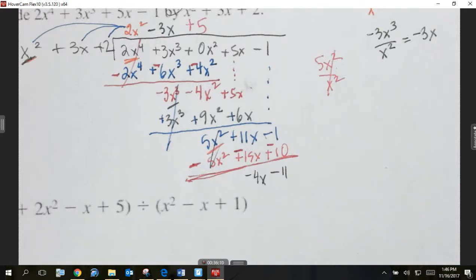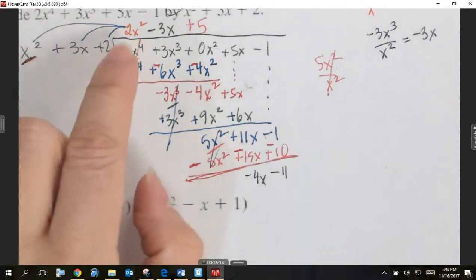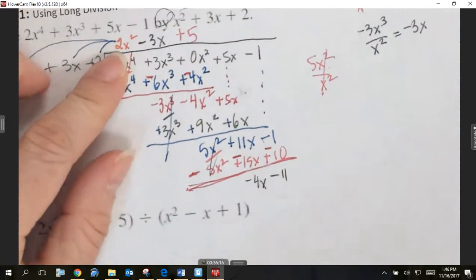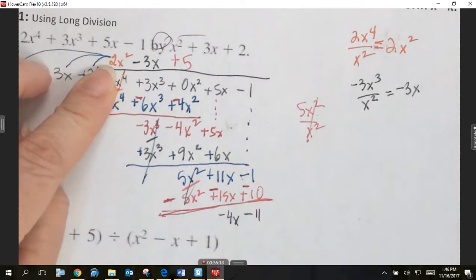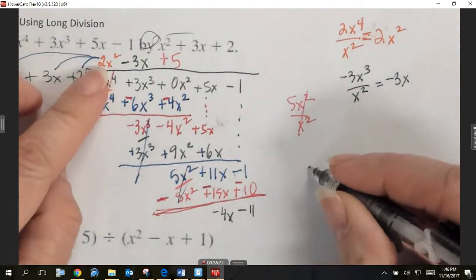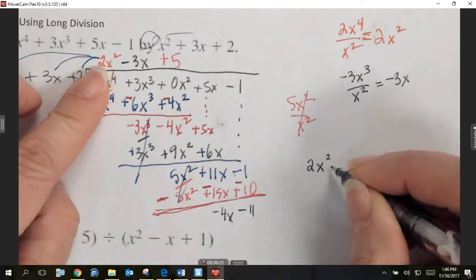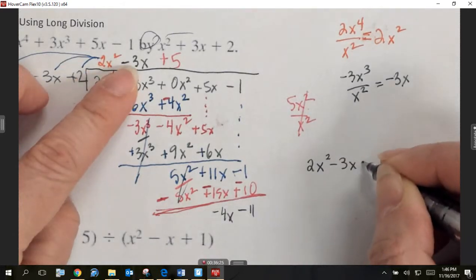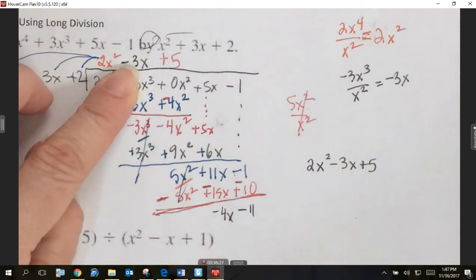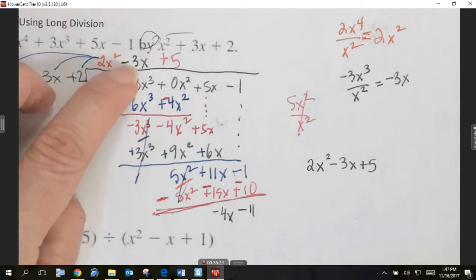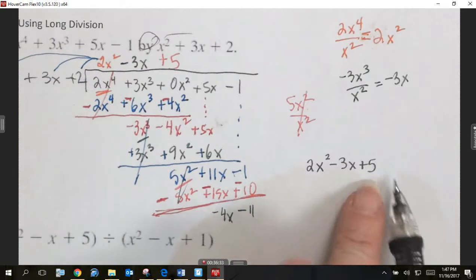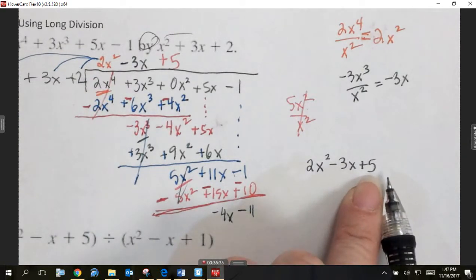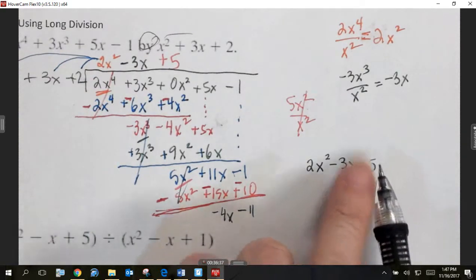So I'm going to write my solution, my quotient. I'm going to start by looking on top of the division bar, and I'll have 2x squared minus 3x plus 5, but I have a remainder. And we're going to write it in fraction form, but if you put the fraction just next to the 5, it looks like only 5 has the fraction on it when it's the whole thing.